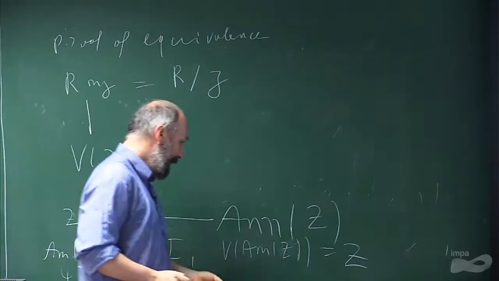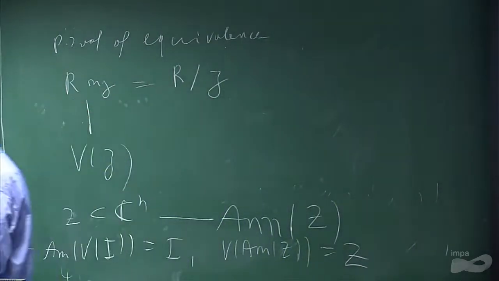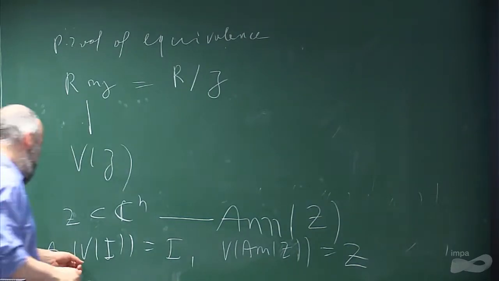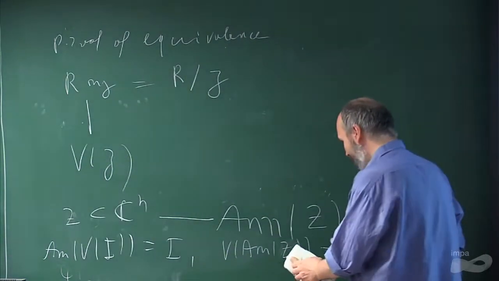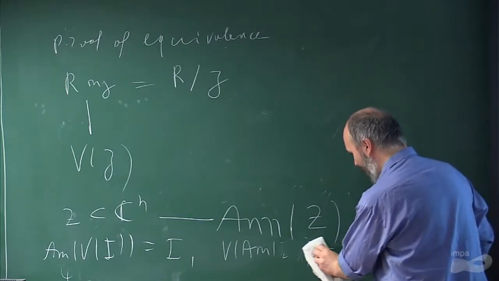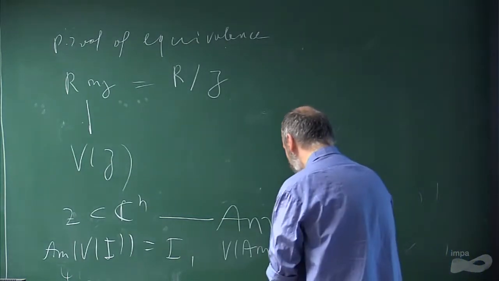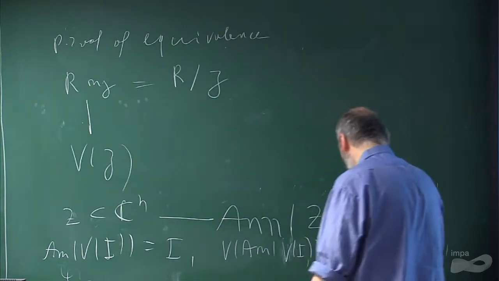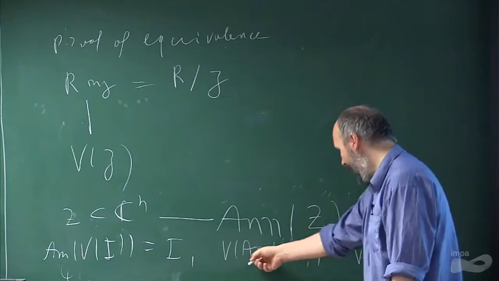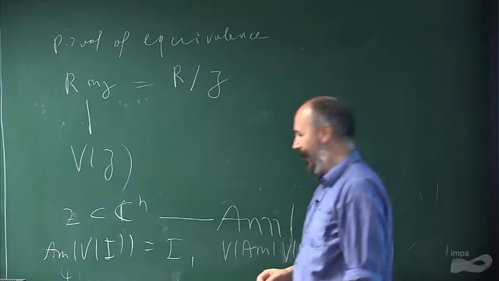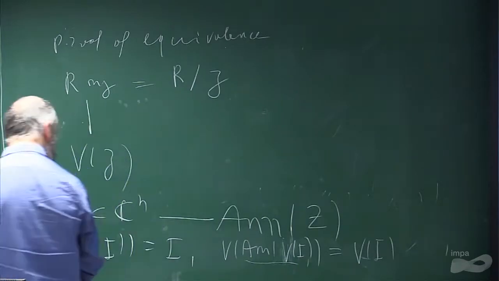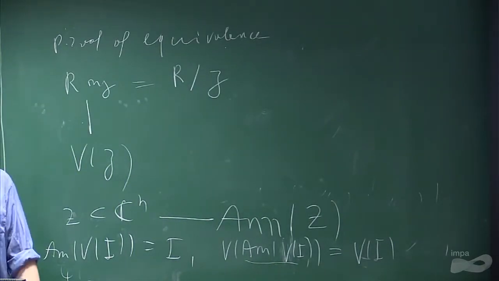Both statements just follow from iterating this equivalence a couple of times. So this is direct, and here you just replace Z by, because Z by definition is common zeros, you just replace Z by V of I. And you obtain that this is the same as V of I by application of this. So this is the same as I. Okay.